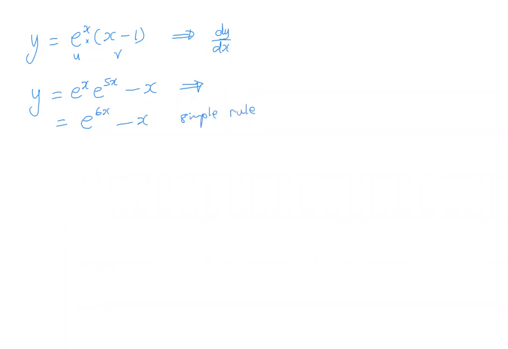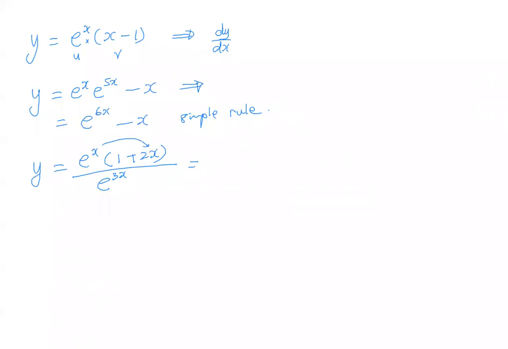If I give you this, what rule to use? Chain rule? How can you use chain rule? For chain rule, this one must be a constant. Simple rule? If you say simple rule, then I ask you how to use it.